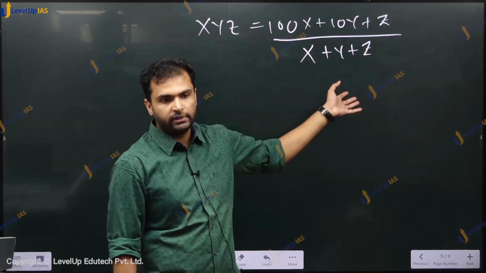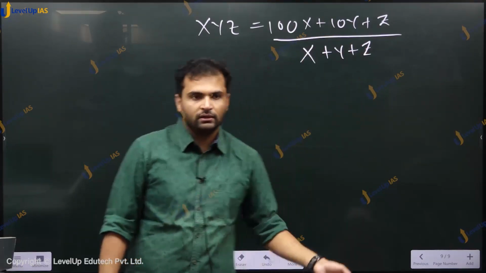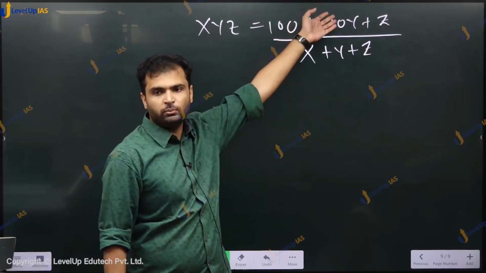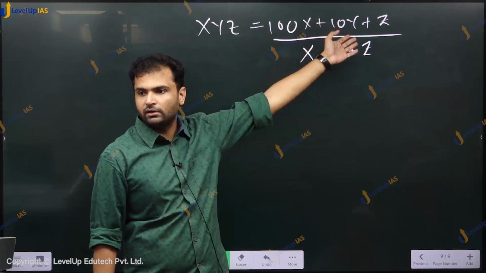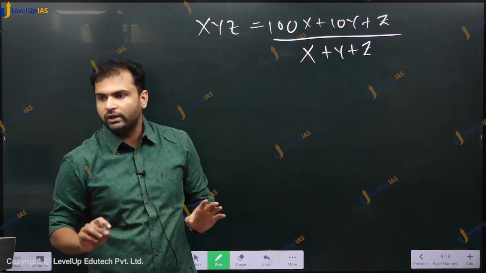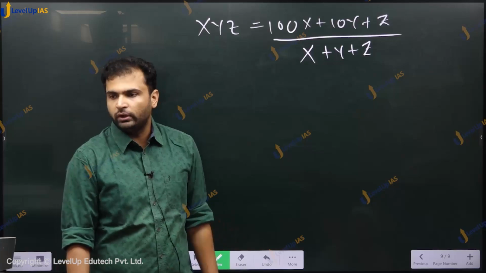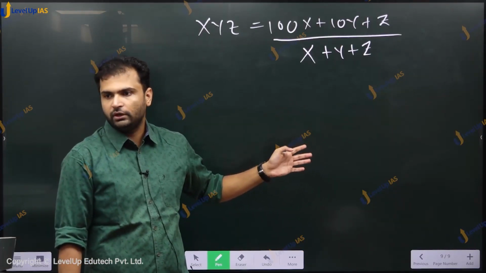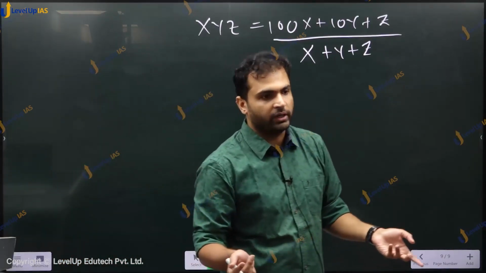We want to make this large and this small. But the thing is, x, y, z are involved in both places. So if you try to make this small, that also becomes small, and if you try to make this large, that also becomes large. So there is one optimum value in between where the ratio is least. And there is no mathematical way of doing this when we don't have any additional conditions. They have given only that much, so they also want you to just roam around a bit.